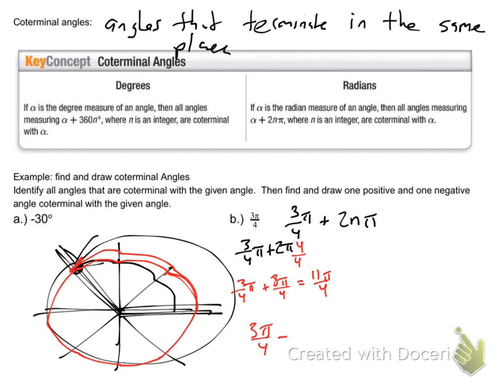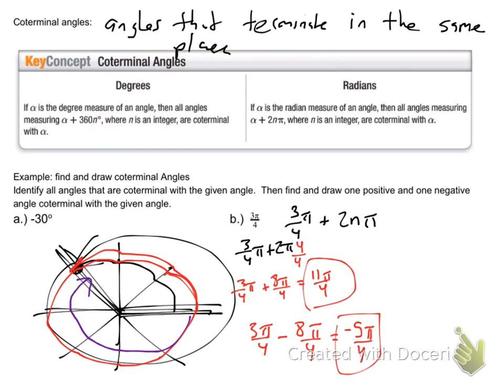I'm not going to reinvent things. Can I just use 8 pi over 4 right away? I don't see why not. That's 2 pi. And 3 minus 8? Negative 5 pi over, not 3, but 4. And guess what? If I go to graph that, I'll change colors here. 1, 2, 3, 4, 5. Guess where I landed? In the exact same spot.